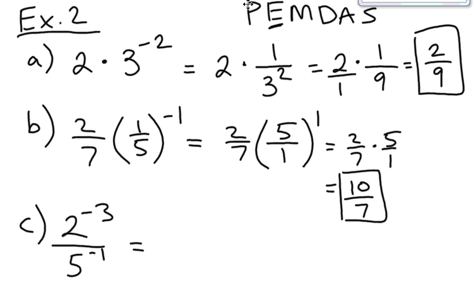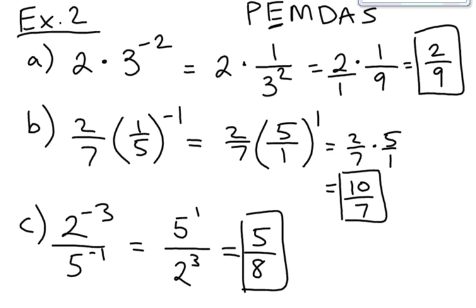So if I have 2 to the negative 3 in the numerator, what that means is that negative brings the 2 to the denominator, makes the 3 positive. Then the 5 to the negative 1 in the denominator, the negative makes the 5 move to the numerator, and then the 1 becomes positive. So all you're doing is you're flipping everything. You're flipping the signs and you're flipping the fraction. So then 5 to the first power is 5, 2 cubed is 8, and that is my fraction.